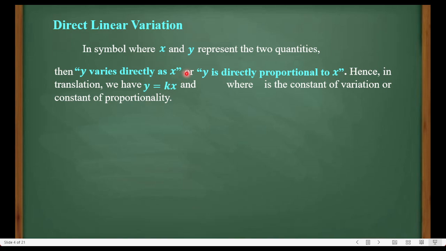From this verbal statement, this is how we translate this particular statement, either this one or this one, into a mathematical symbol or equation. So we have y equals kx, or if we transform that equation solving for k, we have k equals y over x, where k is known as the constant of variation or the constant of proportionality.